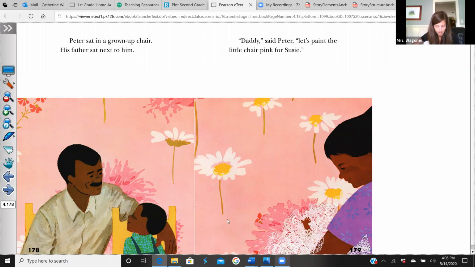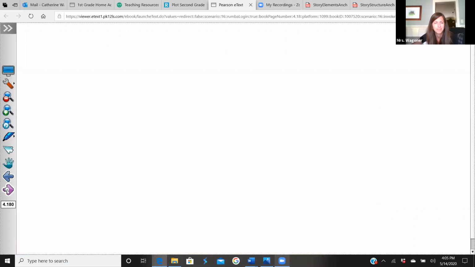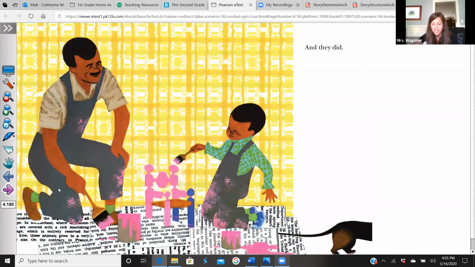I see in the picture that Peter is sitting in a chair the same size as his father's chair. Why do you think this is important to Peter? And they did.